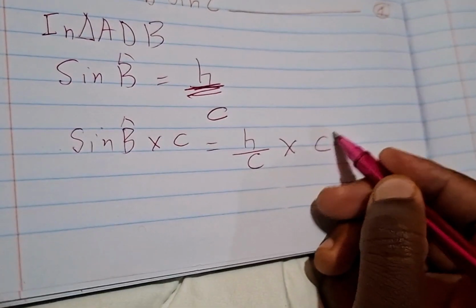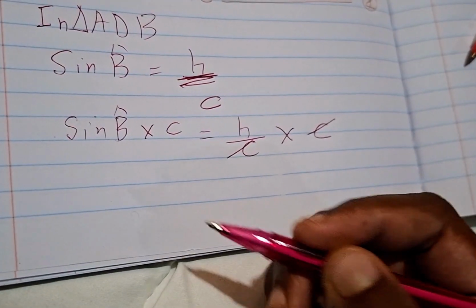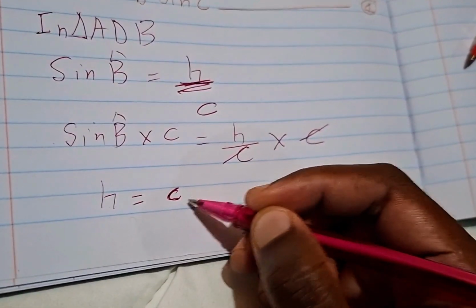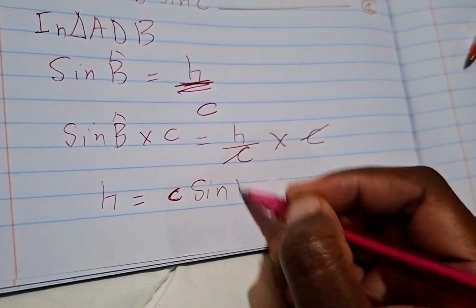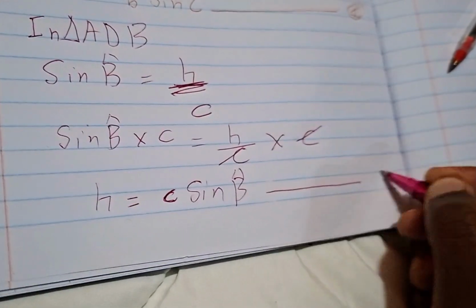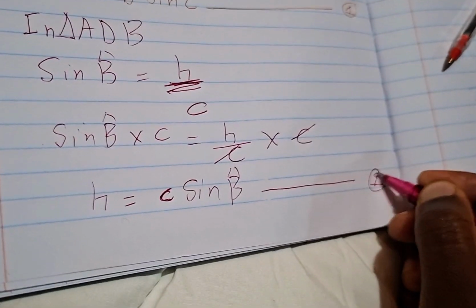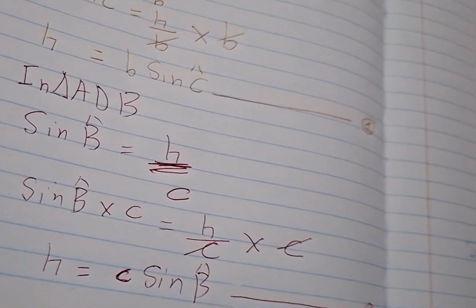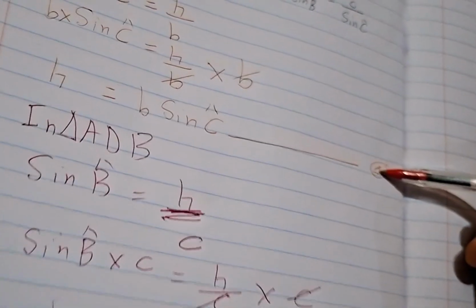This one and this one go, and we are left with h, which equals c sine angle B, and we name it equation number 2. Right, so we have two equations, this one and this one, each equal to h.